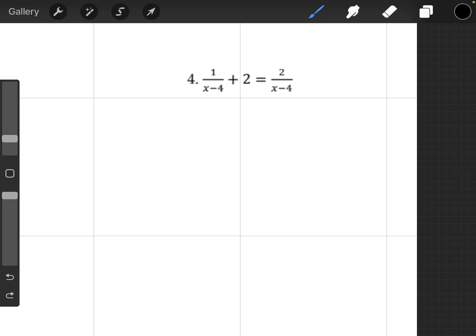For our last example, our least common denominator equals x minus 4, so x cannot be positive 4.